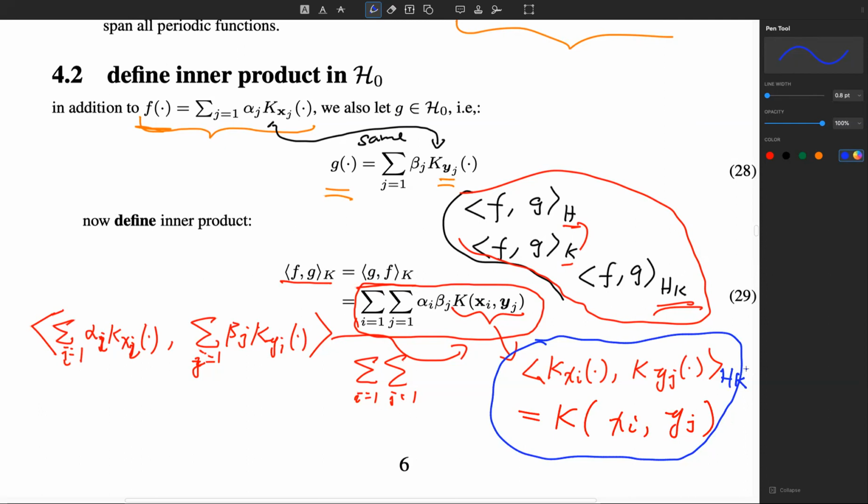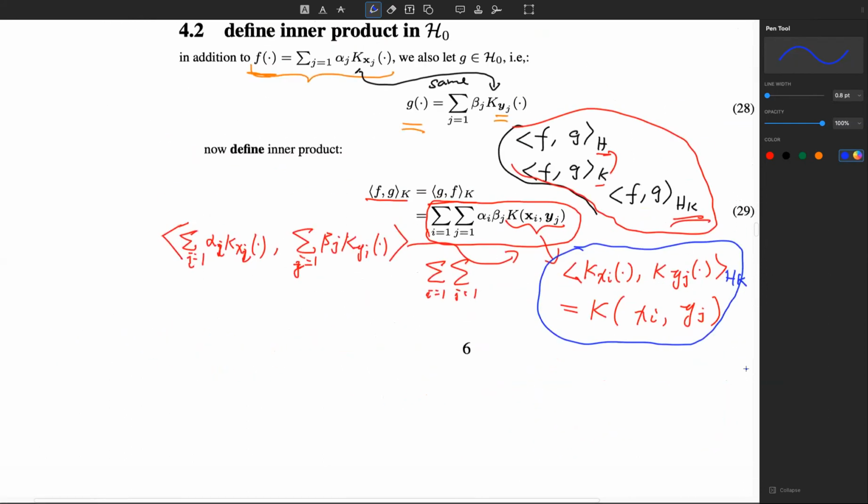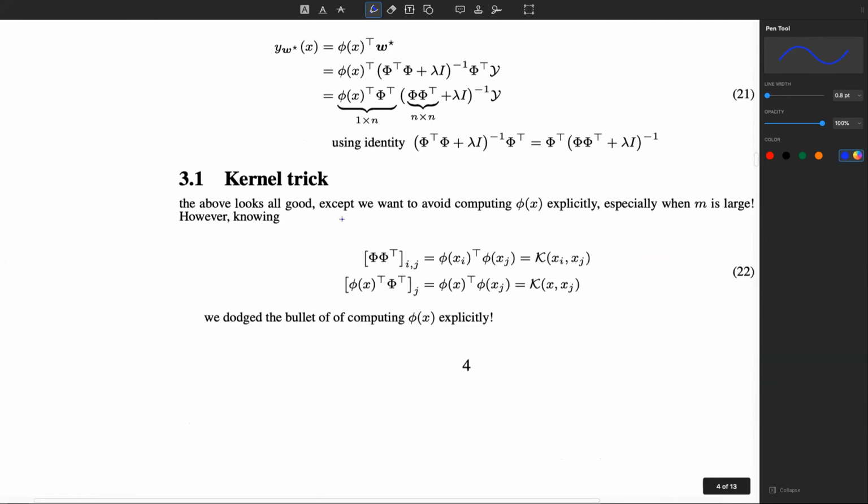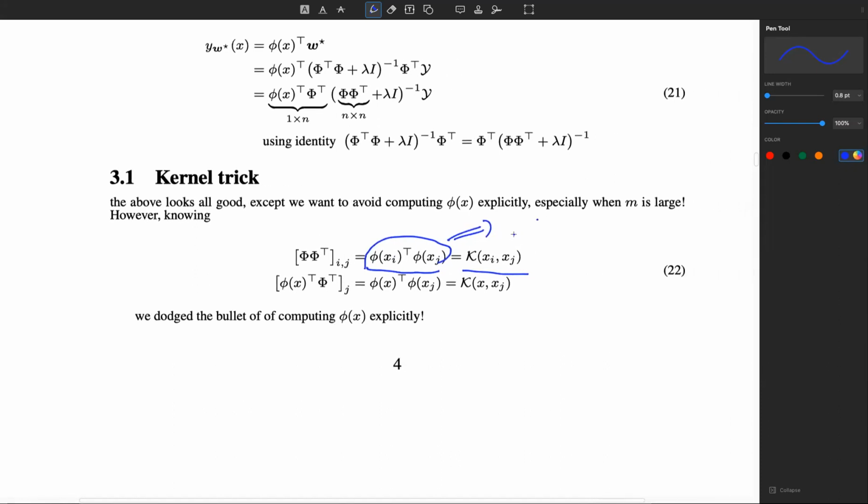Where have you seen that before? Isn't that the kernel trick that you have just seen a little bit earlier on? Same as this, right? So all I'm really doing is just rewriting this. Say K.